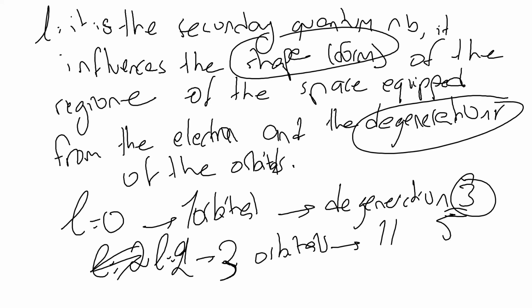These you should know. So if L equals 0, here we're going to have only one orbital. If L equals 2, we're going to have 5 orbitals and the degeneration number is 5. So it just speaks about the shape or the form of the orbital that you have.